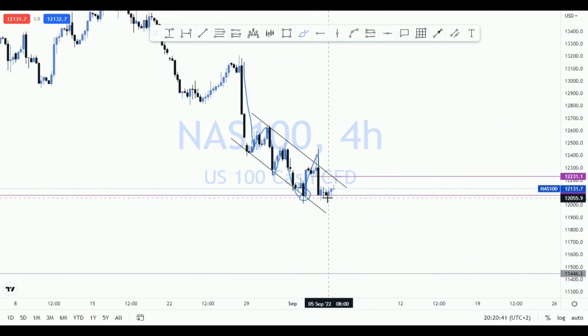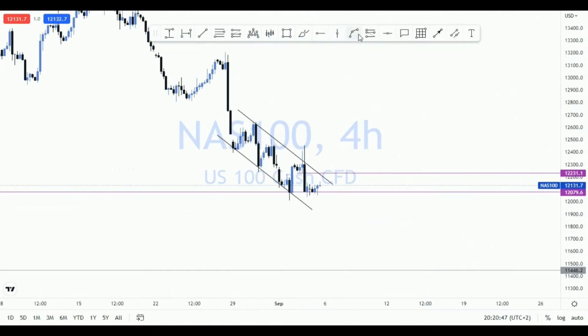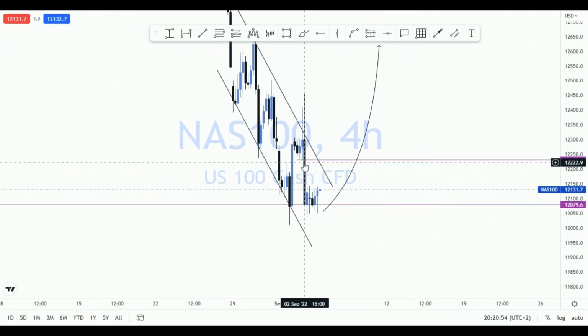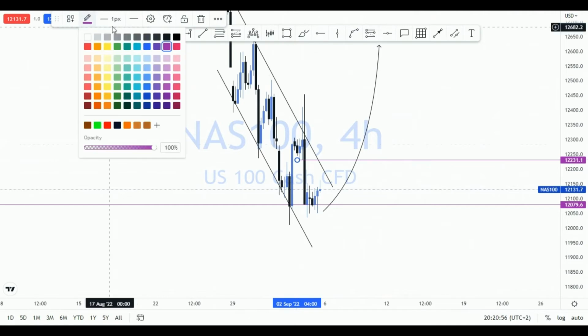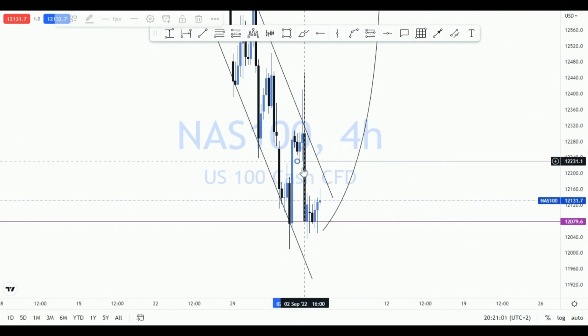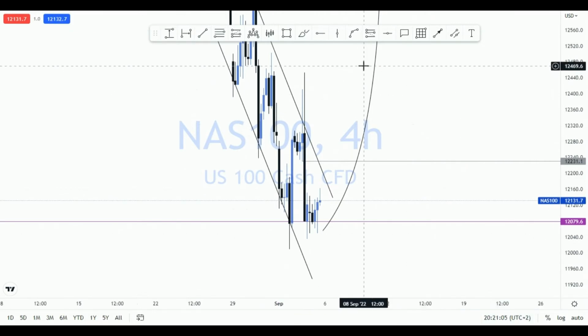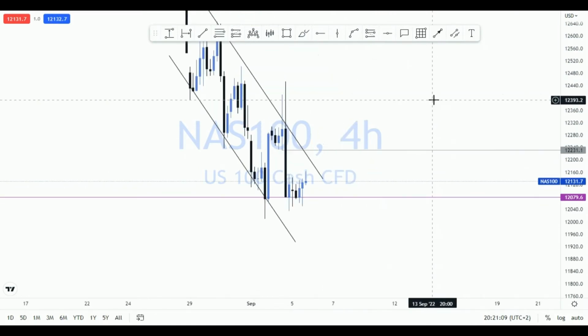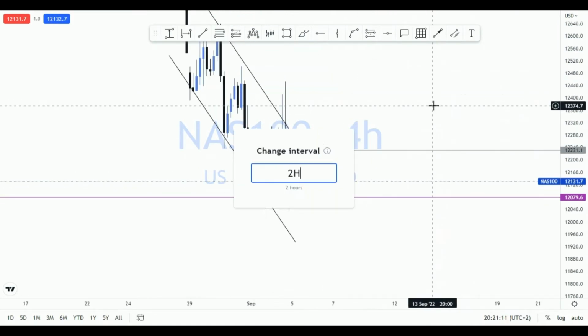So we could see this as a potential double bottom to then potentially push price to the upside, either into this 90% rule or into this level of 12231.1, right? So I'm currently looking to take short-term long opportunities on this level, right?